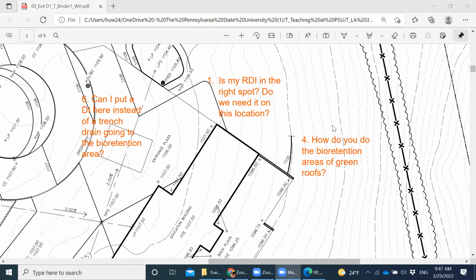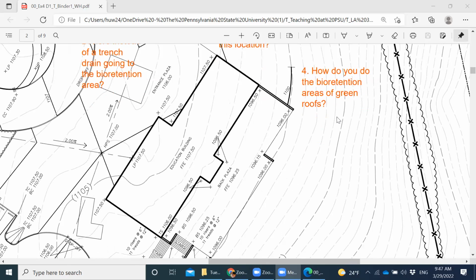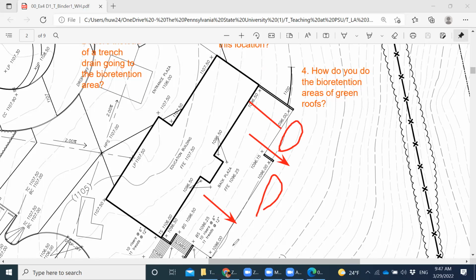Next one is, oh, the area. There are multiple ways of doing it. Because this drains that way, you could have a scupper coming down and then trench drains that go this way, and then have your retention area over here, right?